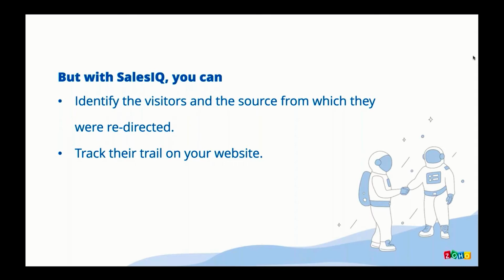And the Sales IQ parameter identifiers can easily identify you by your name and email address, or you can also use Zoho SalesIQ's JS API to procure the visitor details via a web form. Maybe if you have a sign up form or something. Then you can also track their trail on your website. Say what all pages they have visited so far, and how much time they've spent on all the pages that they've visited, etc.